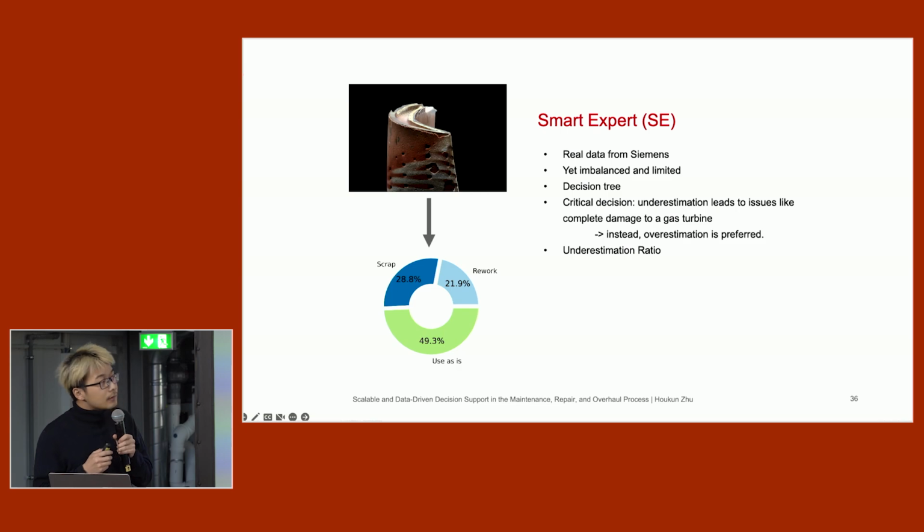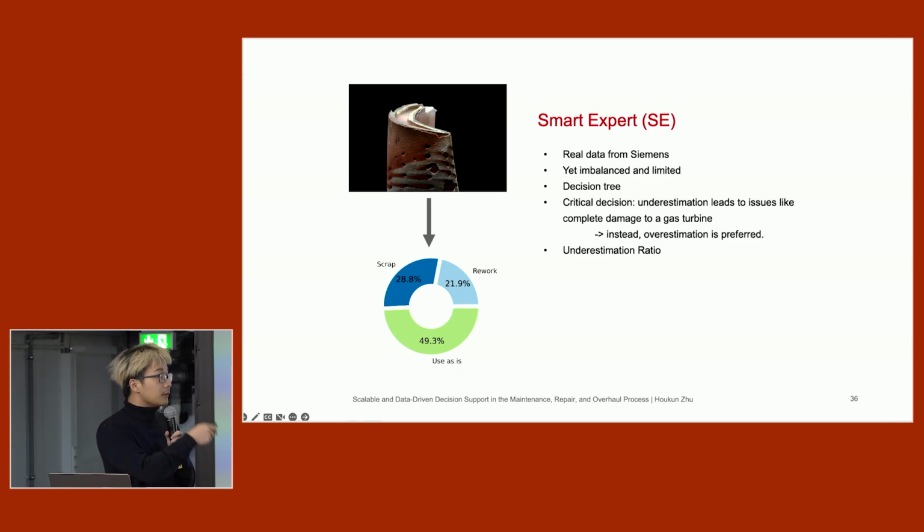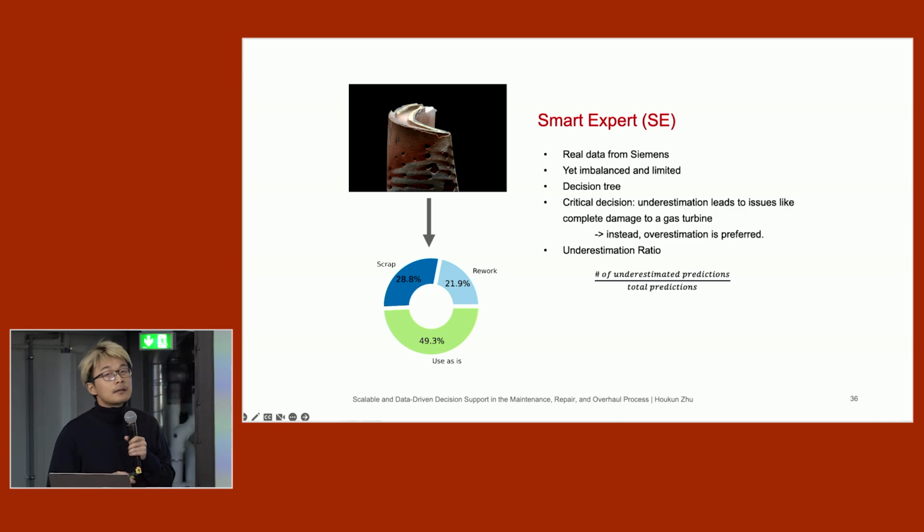An important metric we introduce here to resolve this problem is the underestimation ratio, which is the number of underestimated predictions divided by total predictions. To put it simply, this is the ratio of predicting better than reality.